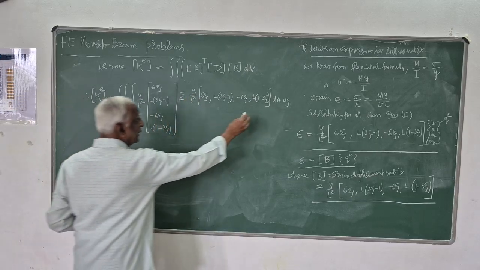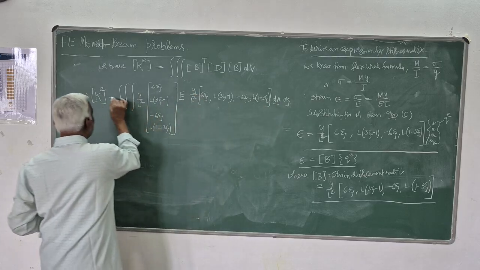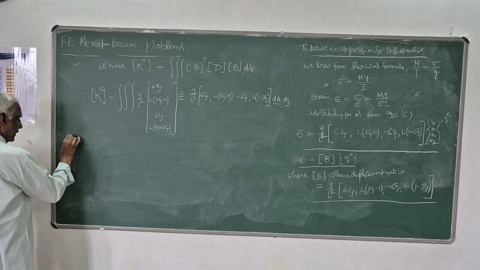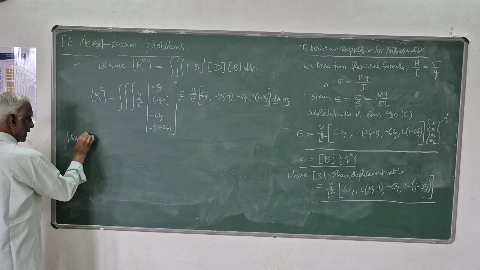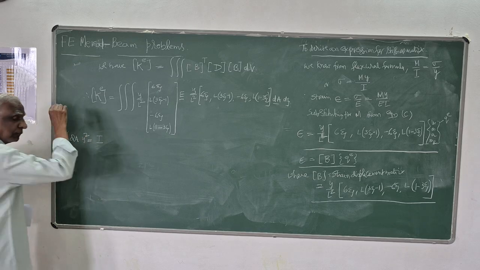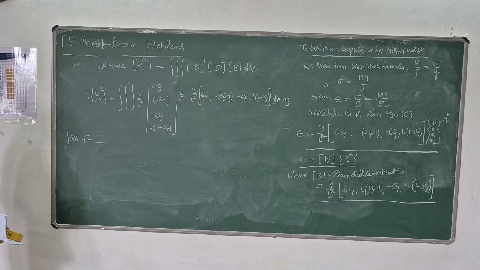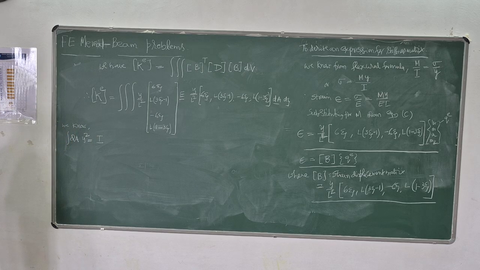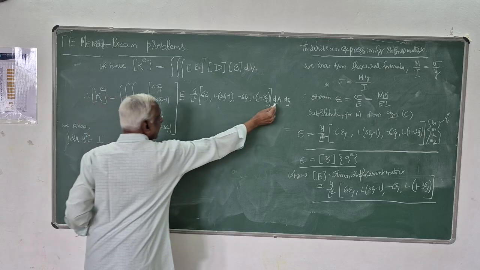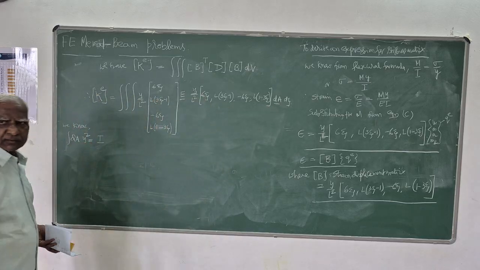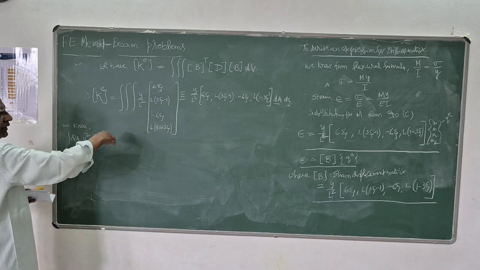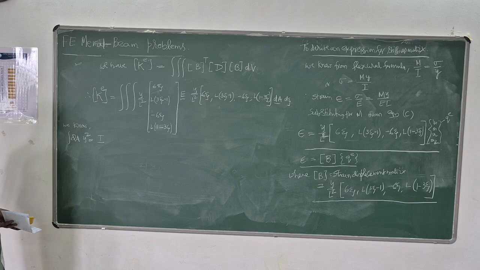So you know dA into y square is nothing but the moment of inertia of the beam element. So dA into y square is nothing but I.